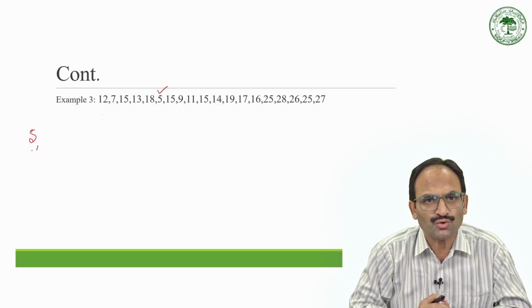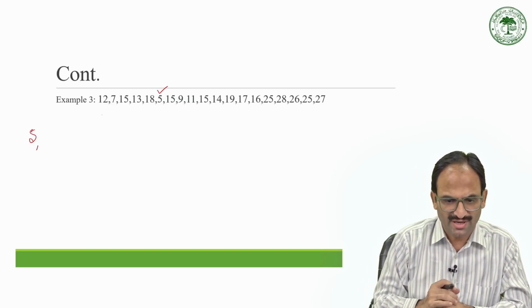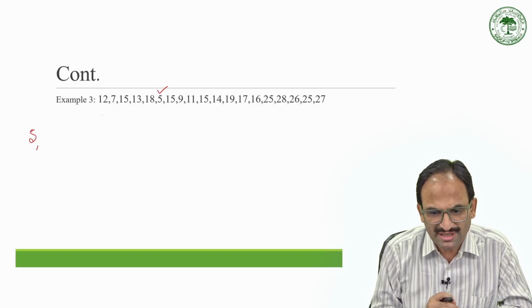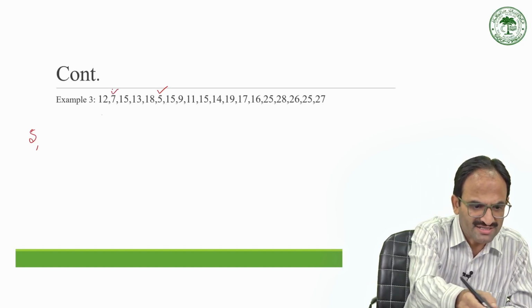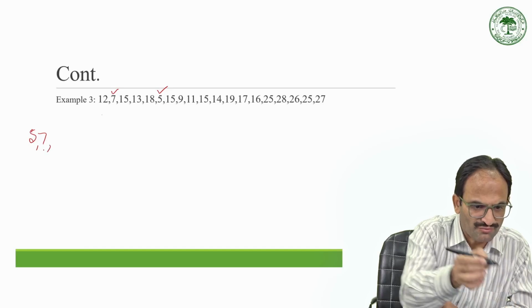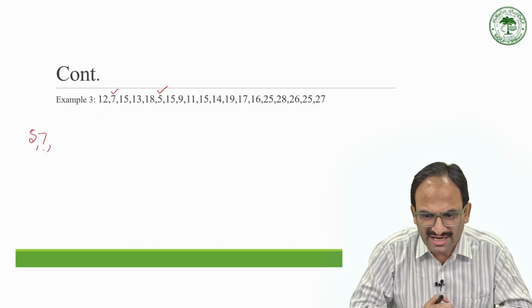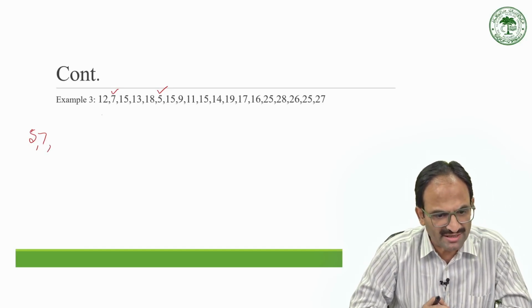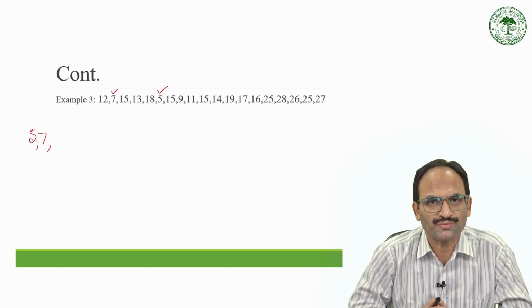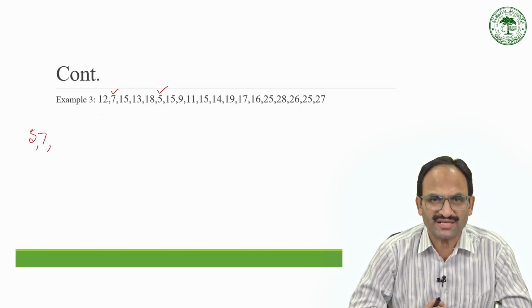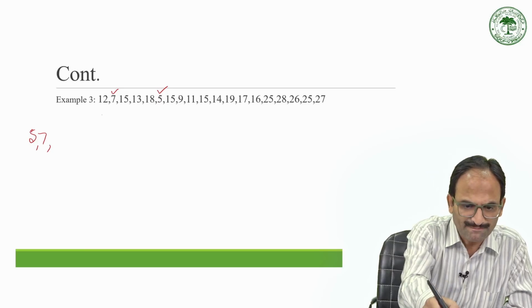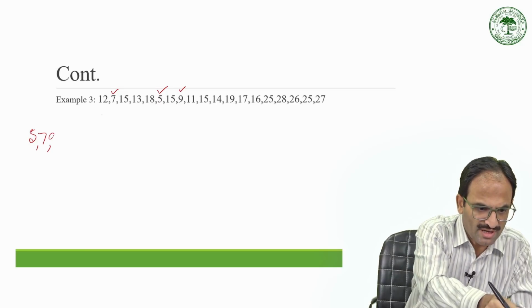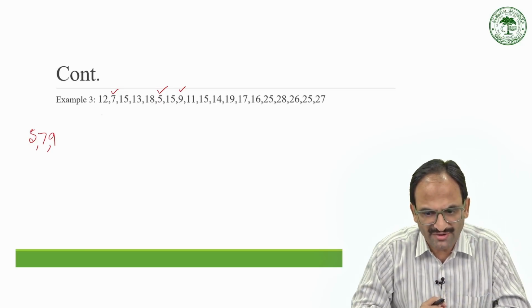So you write 5. After 5, see which number is there. The moment you see the data, you will find it is 7. So 5, 7, check whether 7 has appeared once or twice. You can see it has appeared only once. So after 7, see which number is there. I think it is 9. Now again check whether 9 has appeared once or twice.